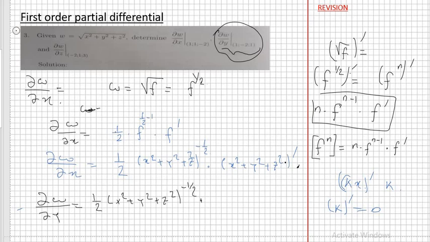So now you are going to derive this expression here, but with respect to y. We don't care about the x squared and the z squared, because if you derive these two, you get 0. So you only focus on the y squared. If we derive y squared, we get 2y.